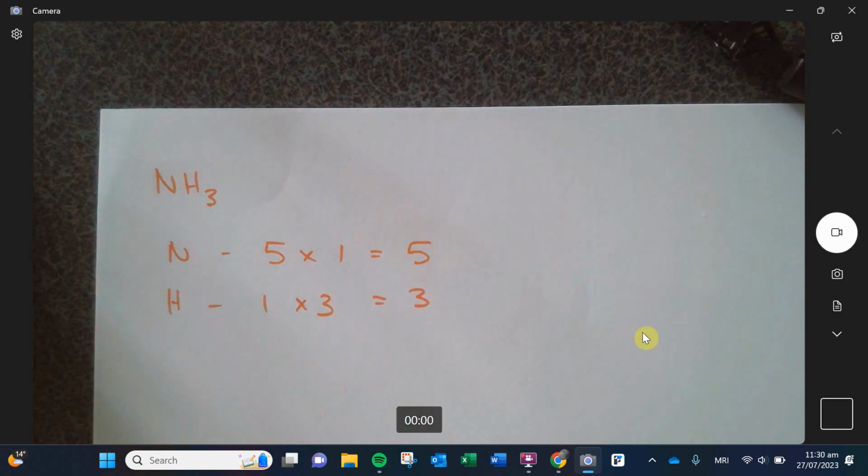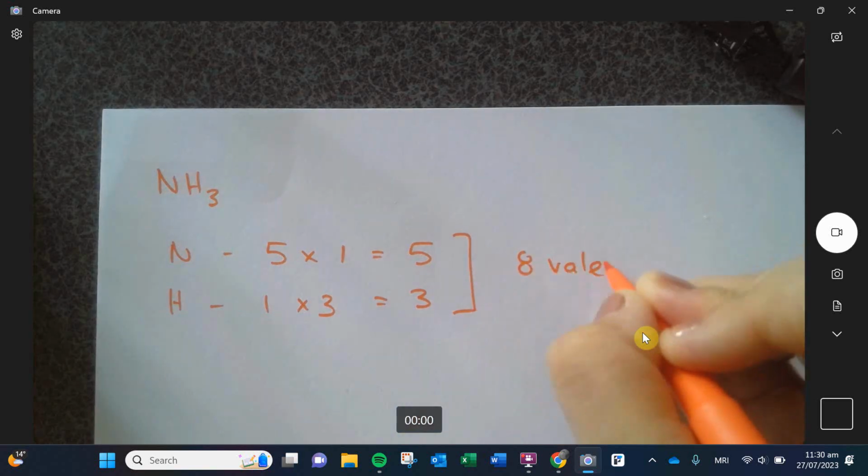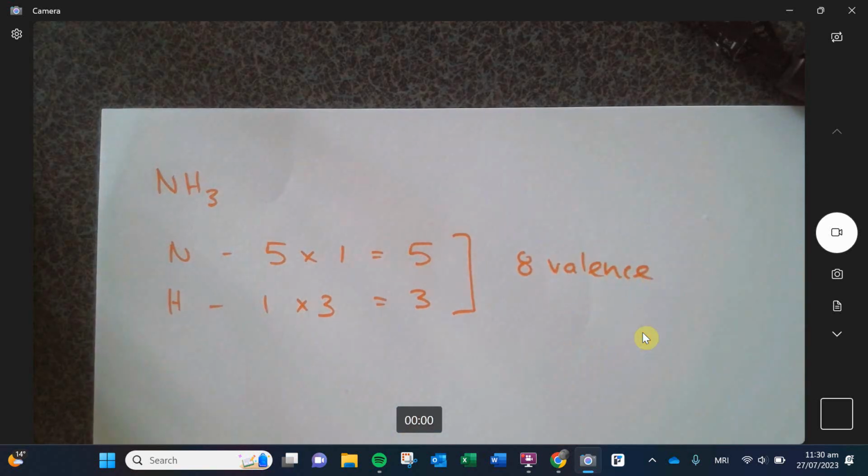And so when I add those two numbers together, I have 8 valence electrons that I am working with. It's really important that we do this calculation for our Lewis structures, so that we know exactly how many electrons we are dealing with. I don't want us accidentally creating or destroying matter.